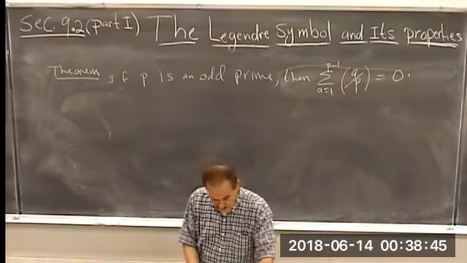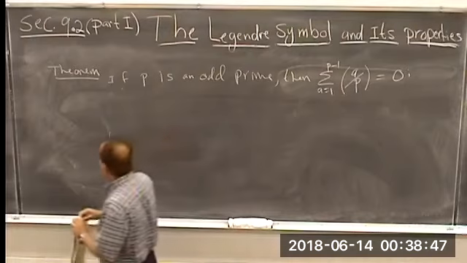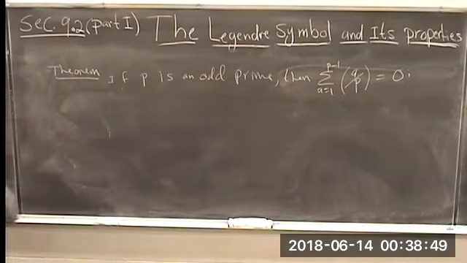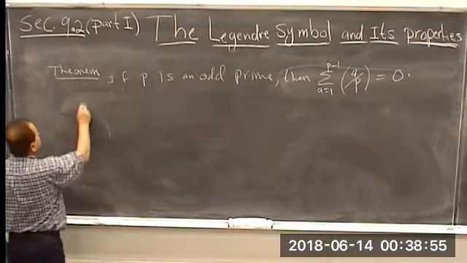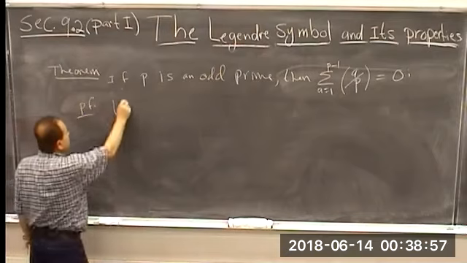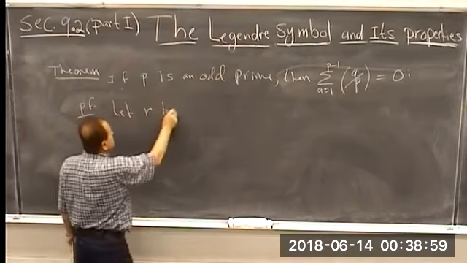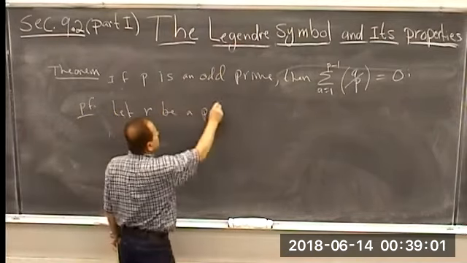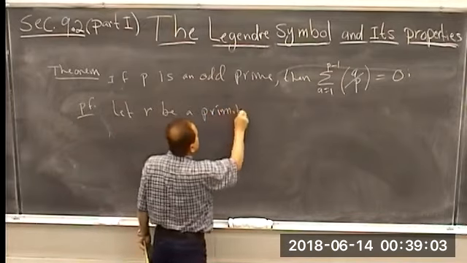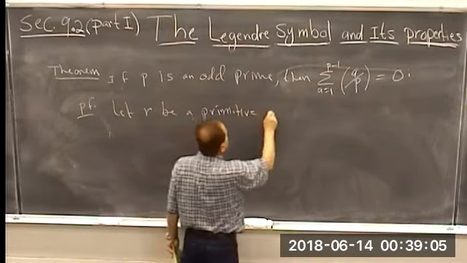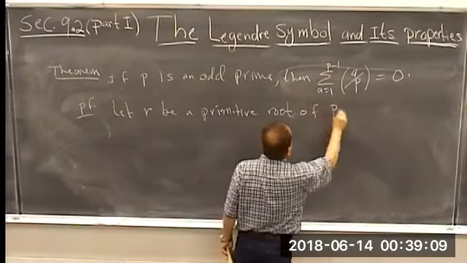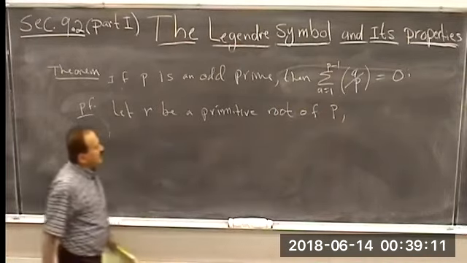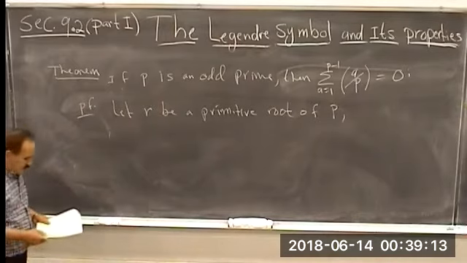I don't know if we're going to have enough time to prove Gauss's lemma, so maybe I need to leave it for some other time. All right, here's the proof. Let R be a primitive root of P. Remember that every prime has a primitive root, so we're in good shape here.